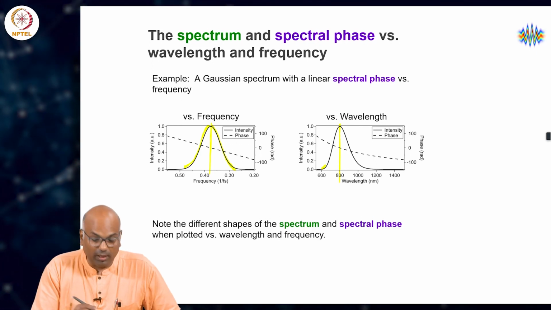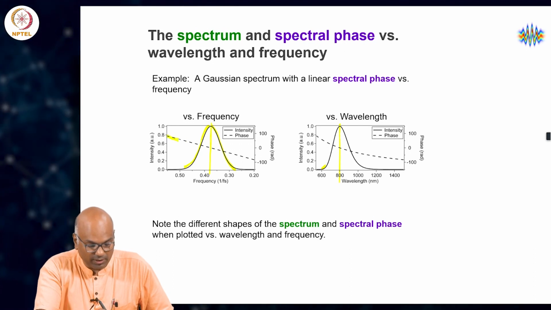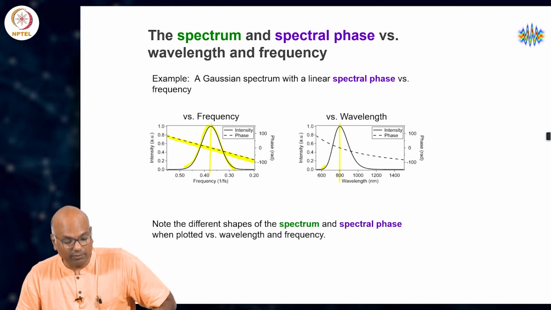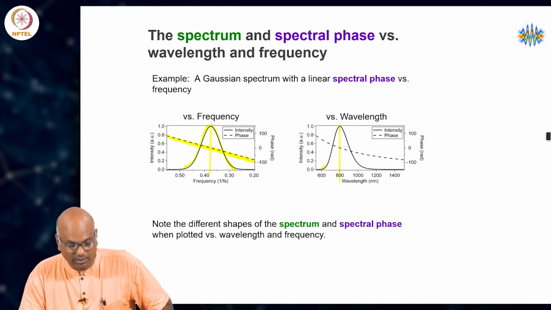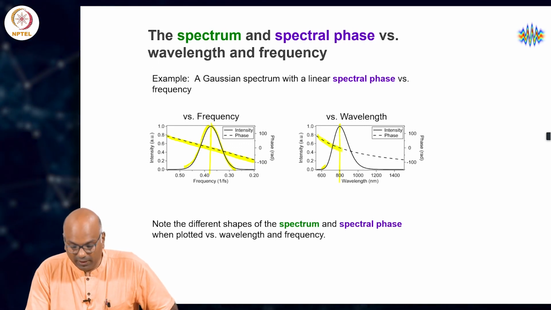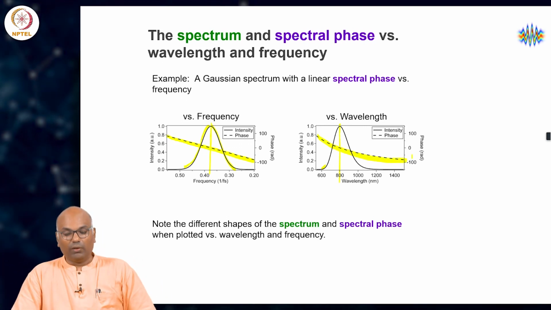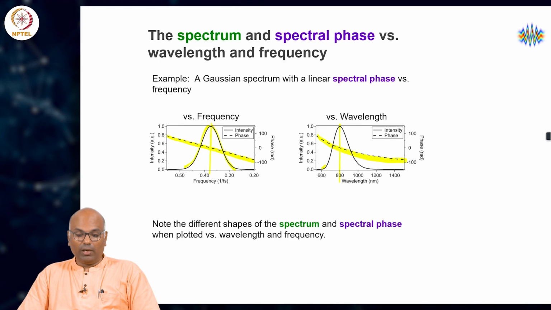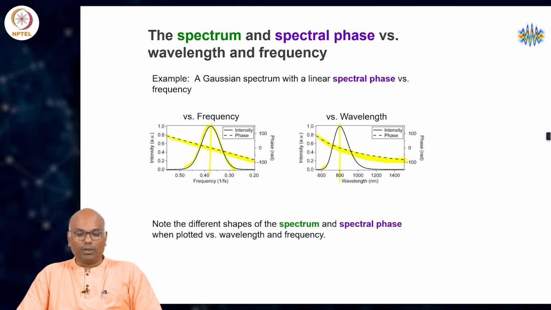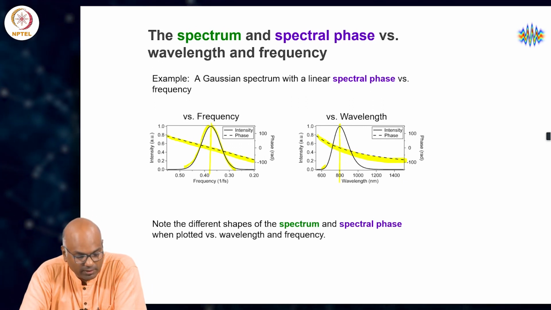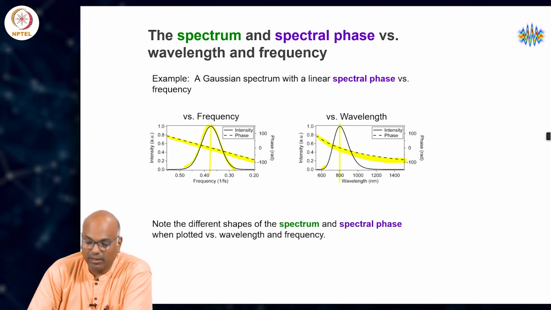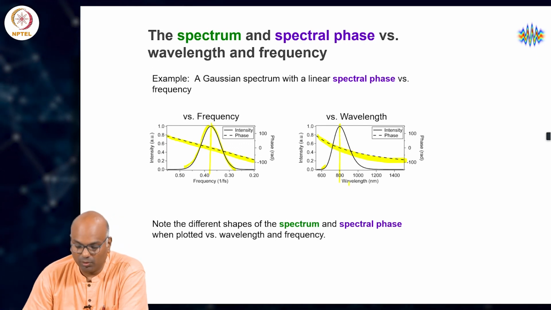But then remember, the other important factor is the spectral phase, which was just a linear line in this case for a pulse that is Gaussian and real, and it has nothing much else to it. In the wavelength domain, it actually becomes quadratic in behavior. This is something that we must always remember, because we will later on consider the time bandwidth product of pulses, the notion of a transform limited pulse, the so called chirped pulse and so on and so forth.